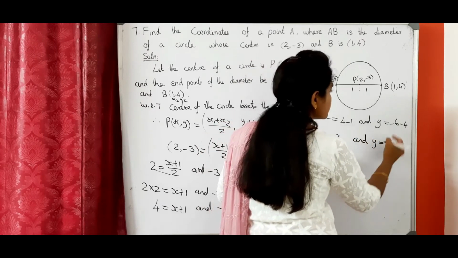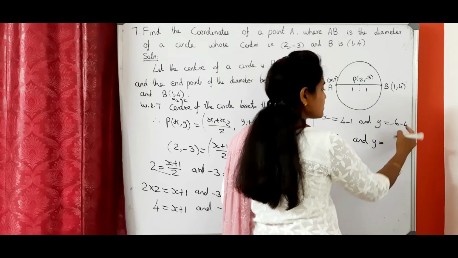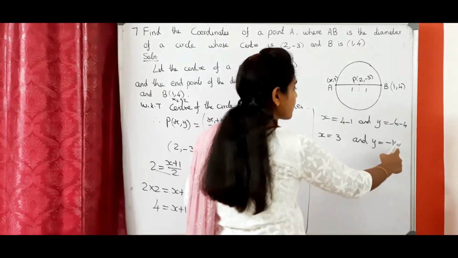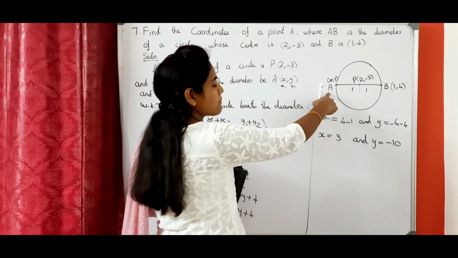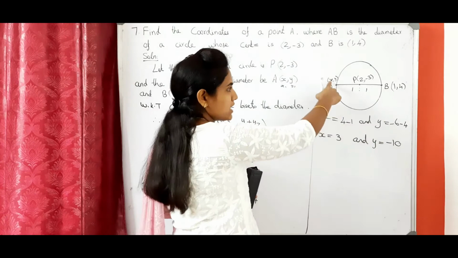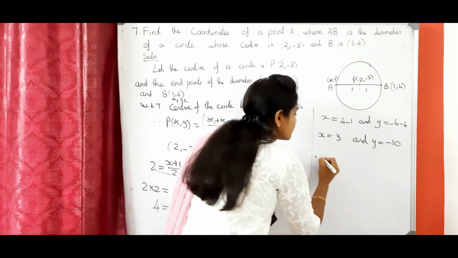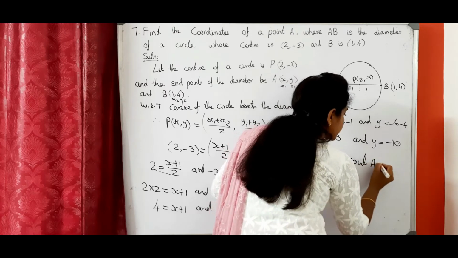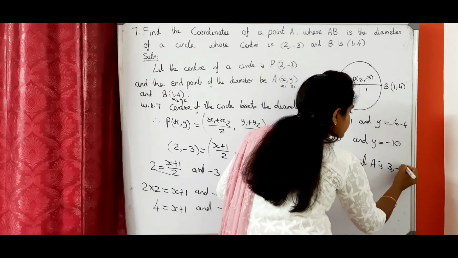And y equal to -6 minus 4, -10. Therefore, x equal to 3 and y equal to -10. Therefore, the coordinate point A is (3, -10).